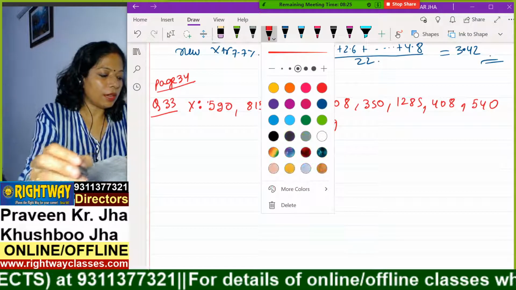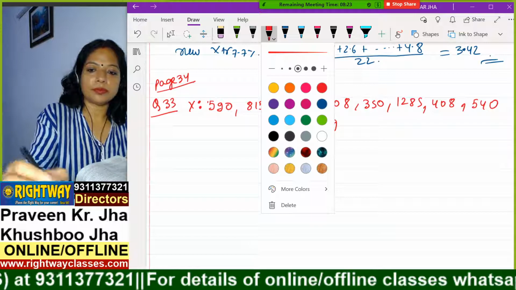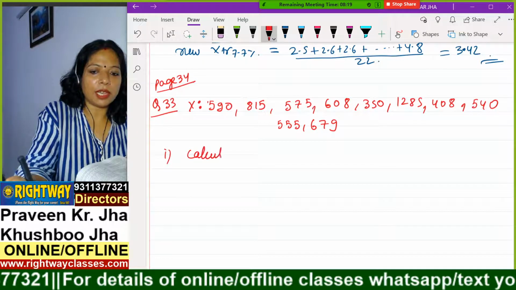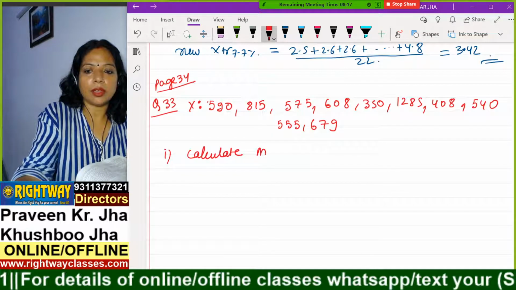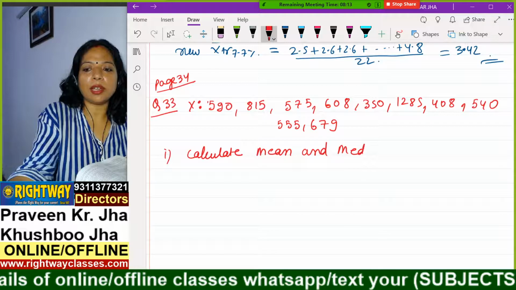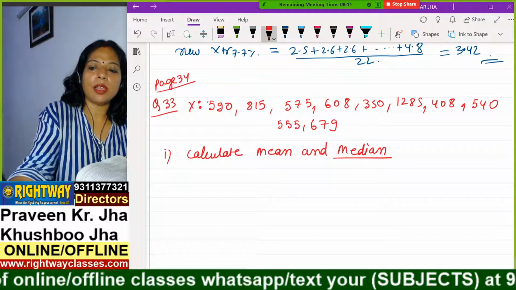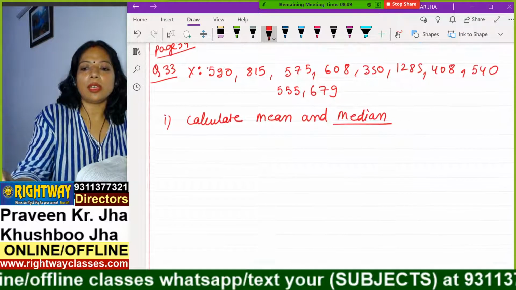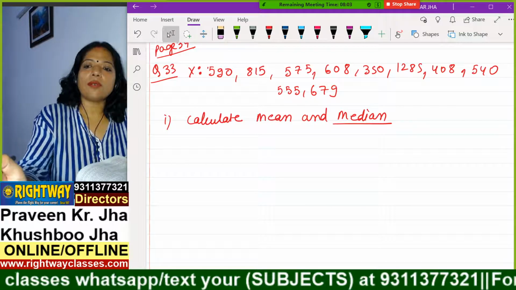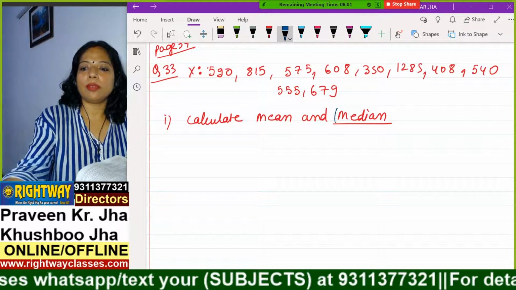They are asking 4 parts. Okay, first part is calculate mean and median. So we can calculate mean, but median we haven't studied. So median we will do later on. Suppose the 6th observation had been, okay, first part let's do. So this we will do later on.